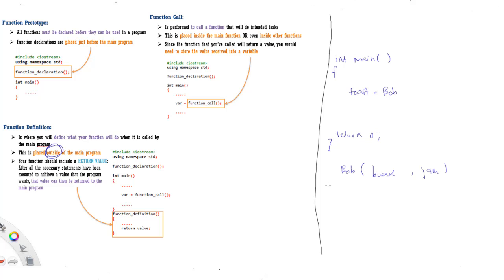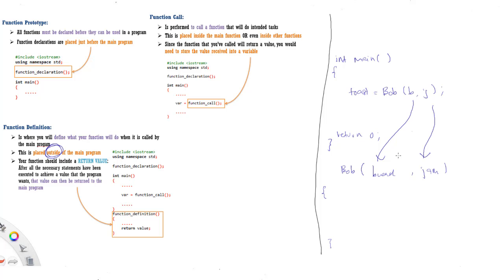So since you know that, inside Bob's function definition, Bob needs bread and it needs jam, you must give the bread and the jam to Bob. Once Bob has received the bread and the jam, you can name these the same name if you want, but you can name them different names as well. It's up to you.